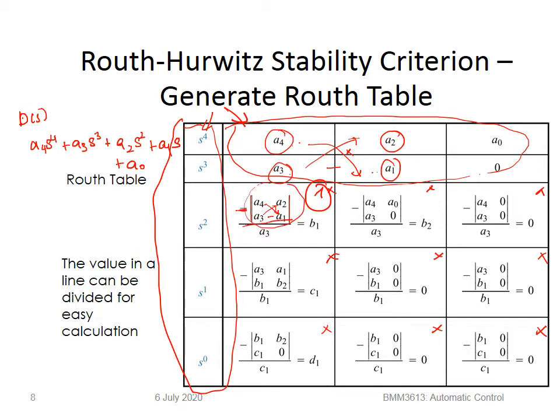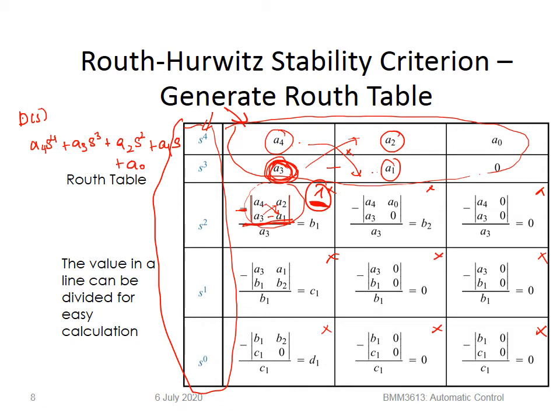Then you put a minus in front of it, and then you divide it by what? You divide by this part of the table, the table on top. It's the first row on top of where you are filling the table right now. For example, here we are filling number 1, so the denominator of your calculation will be a3.